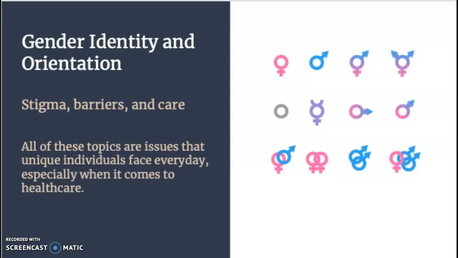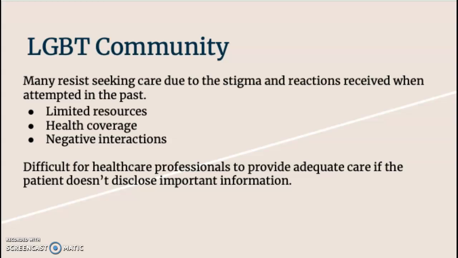This community can face many hardships in life, so as healthcare workers, we should try to put them at ease when they are in our care. The LGBT community often faces stigma, barriers, and access issues to adequate healthcare because they are included in this group.